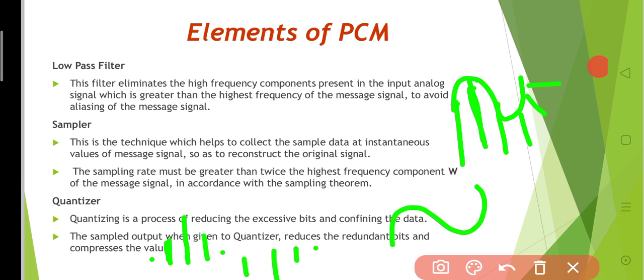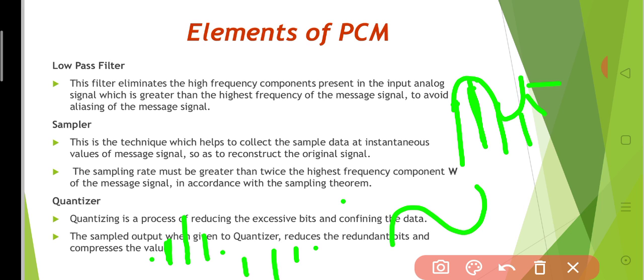We collect the sample data at instantaneous values of the message signal. In those instantaneous values, we collect some points, some values. The values we take depend upon the sampling rate, meaning the different time intervals at which we take the samples.